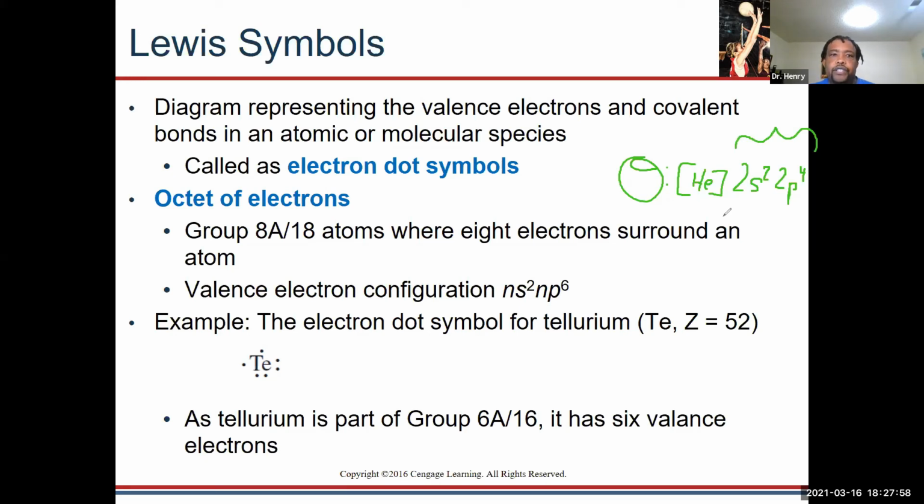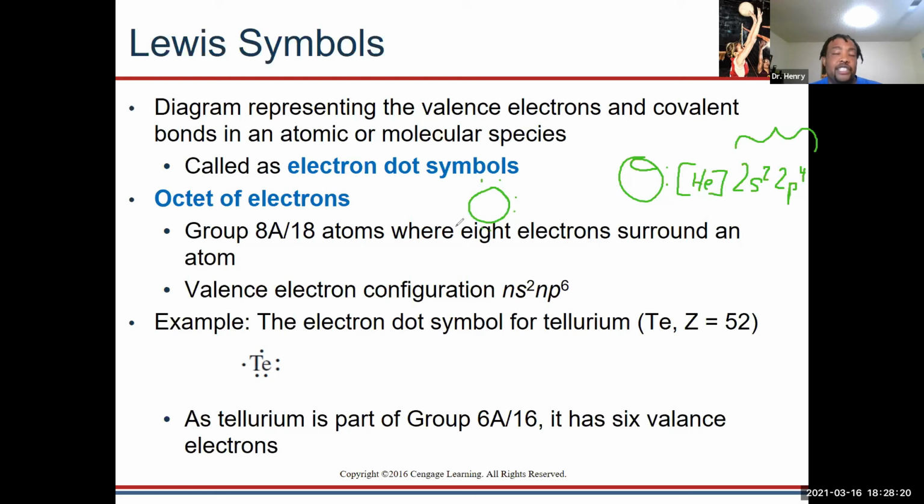Another way of looking at it is just counting across 1, 2, 3, 4, 5, 6, 7, 8. 1, 2, 3, 4, 5, 6, right? In that second level. So the way that we would draw the Lewis structure for oxygen would be 1, 2, 3, 4, 5, 6. So it has 6.